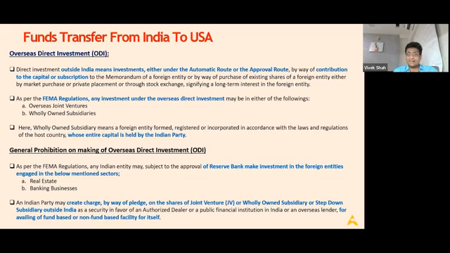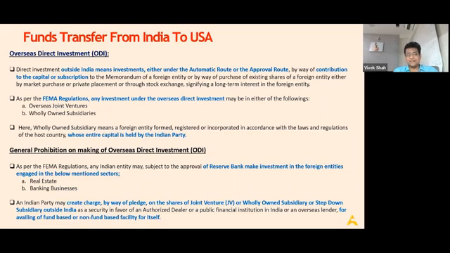And second, very important, and most of the time my clients make this mistake: as per FEMA, if you create the LLC and you're transferring money from India to USA through the ODI process, then most of the bankers are not allowing you.